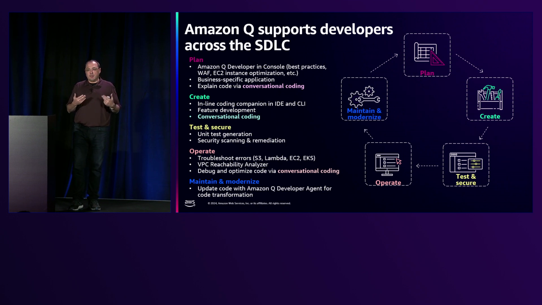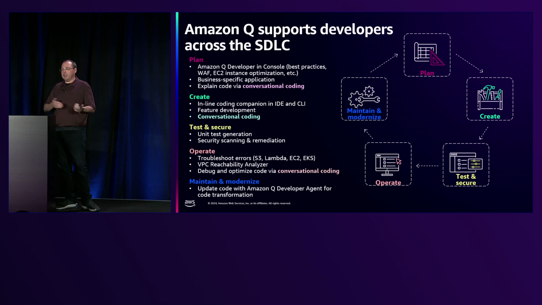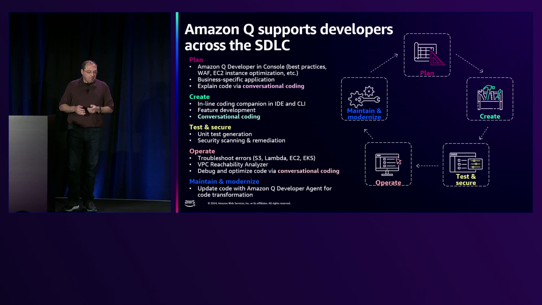These are the types of things that we're looking at and trying to offer for customers to be able to quickly upgrade their systems, maintain, modernize their code base as time moves on. Take away some of that undifferentiated heavy lifting of something like a Java 8 to Java 17. All right. So that's a quick overview of where we're going for Q Developer specifically.